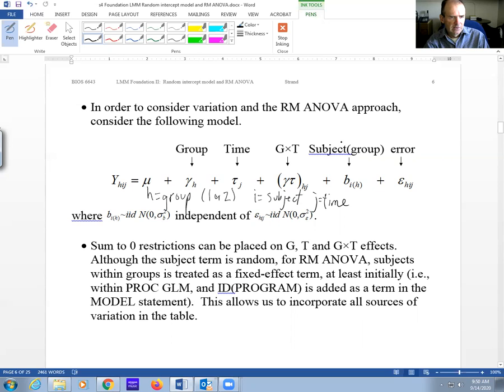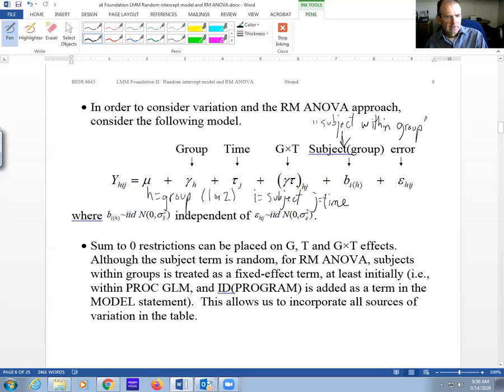You can think of this as subject within group, and that's sort of a borrowed notation that SAS typically does. And then we have our error term. So that's our model.